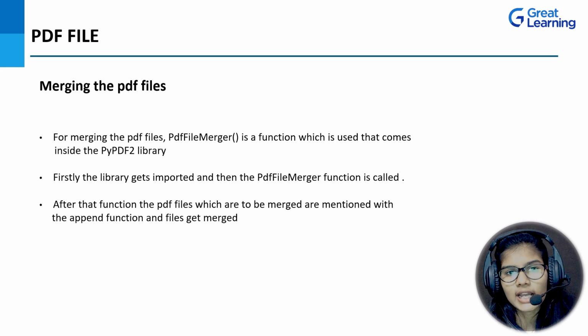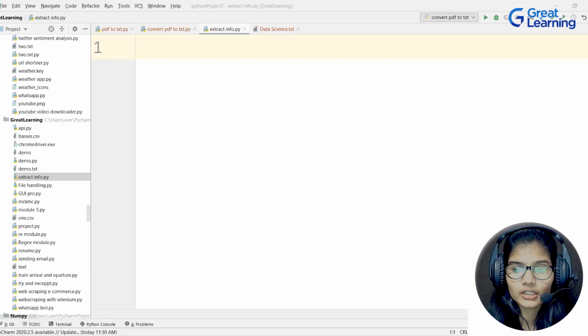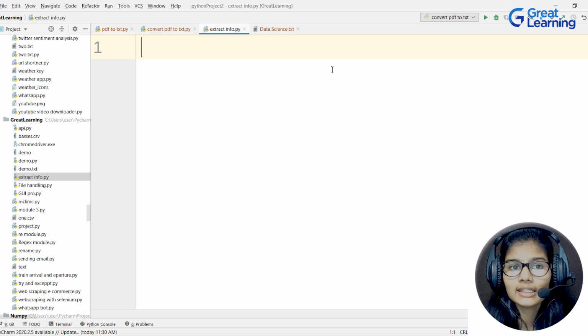Now we'll be moving on to the IDE and checking the hands-on for extracting information and merging PDF files. So now we'll check how we can extract the text from a PDF file. We had already seen in the PPT which library we use for extracting text or getting information from a PDF file.